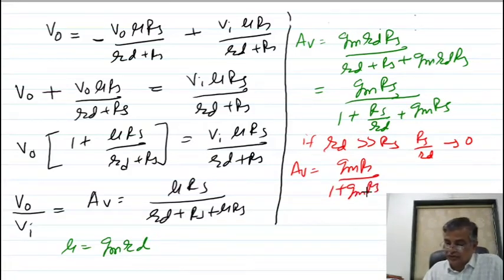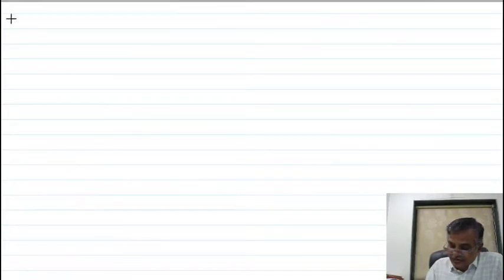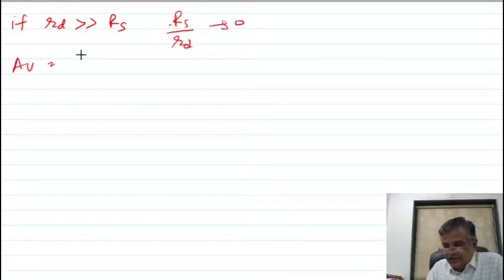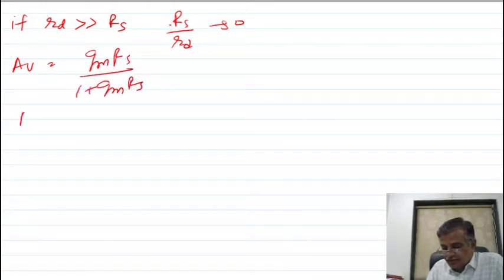So look here. What condition have you kept? If RD is much greater than RS, then RS upon RD tends to 0. So voltage gain you can write GM RS upon 1 plus GM RS. What does it mean?